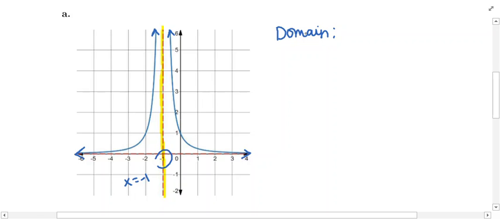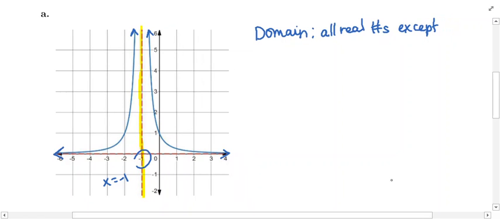So the domain here is all real numbers except x equals -1. You can write it in words, or in interval notation like this. With rational functions and their graphs, the asymptotes can be really helpful in trying to determine the domain and the range.